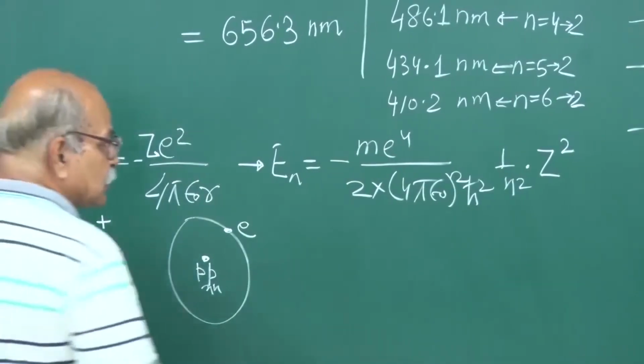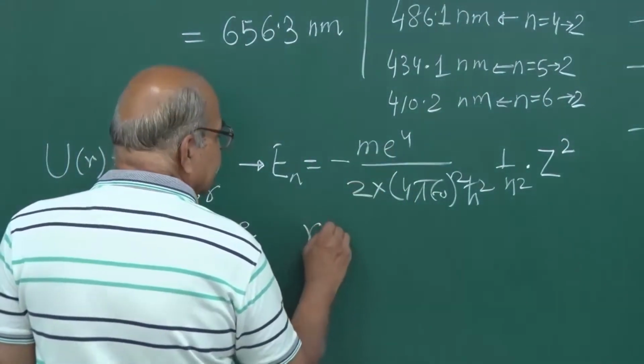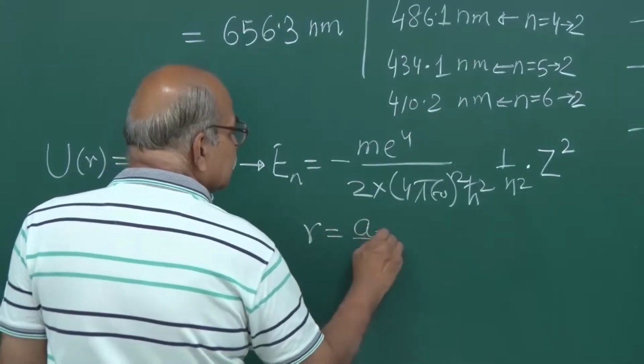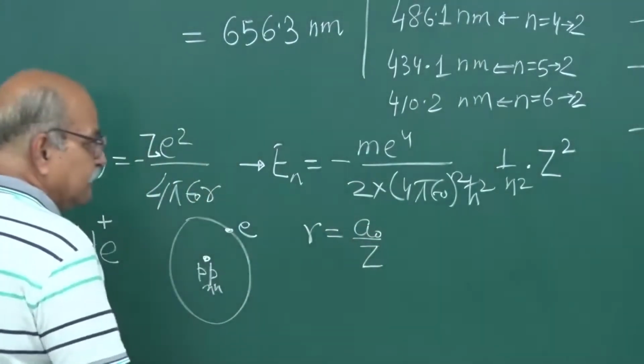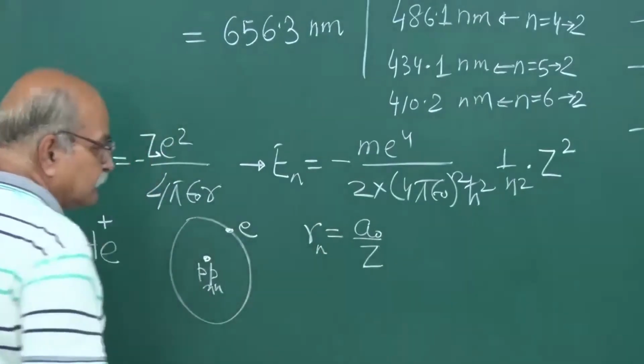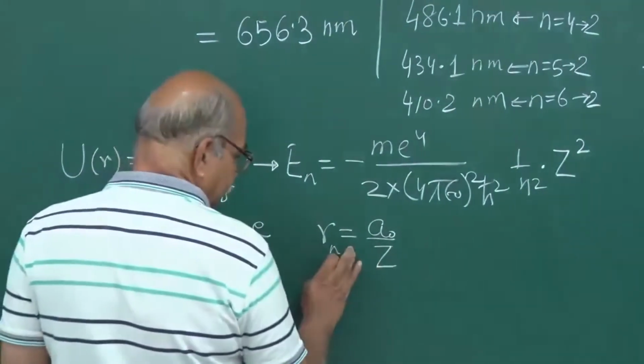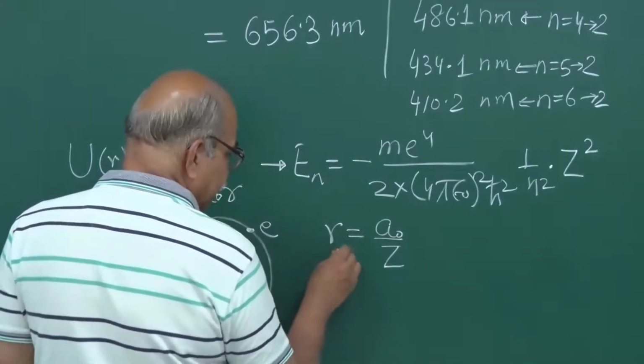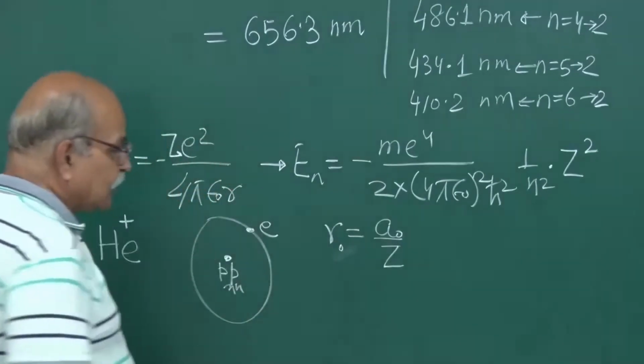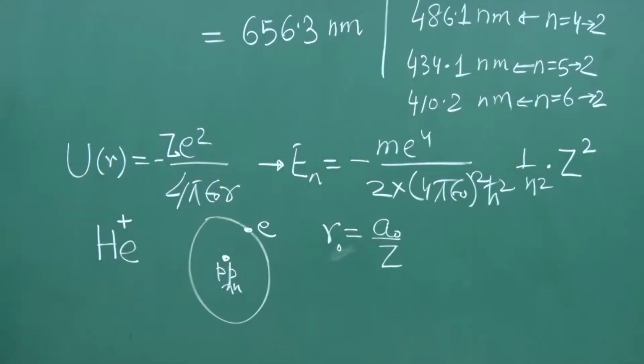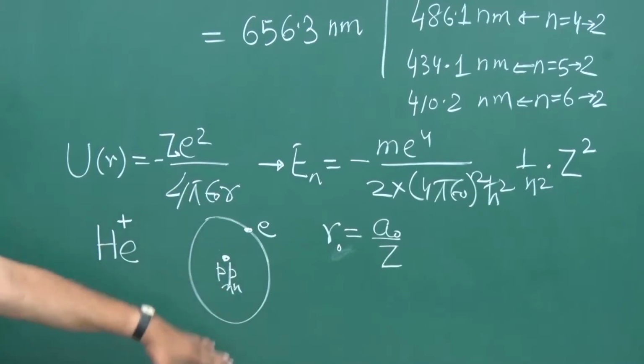The radius will be a naught divided by Z. Let me write the first one only, others also go the same way. So, this works quite well.